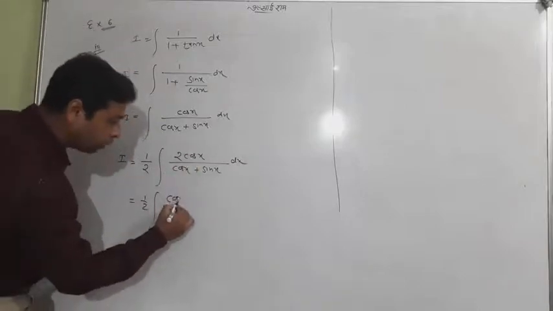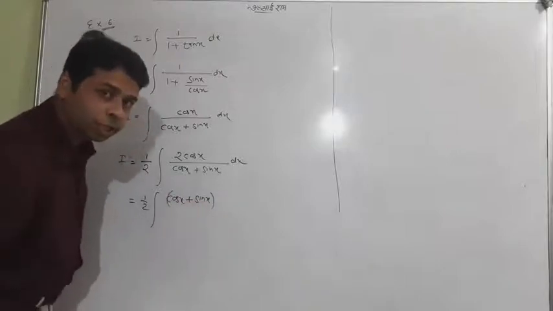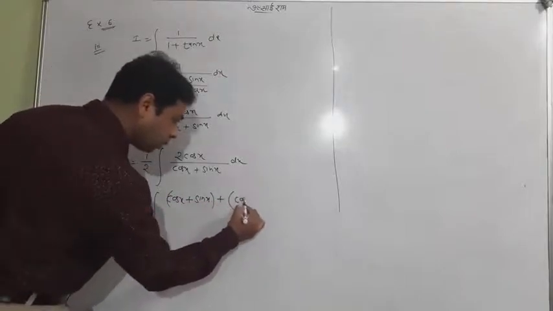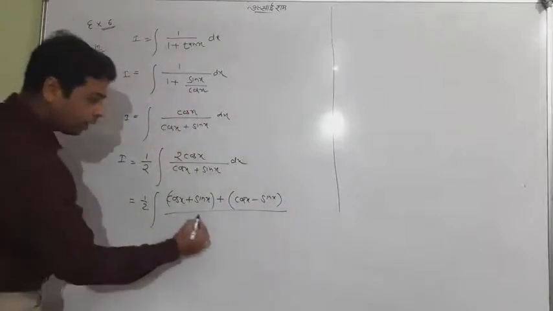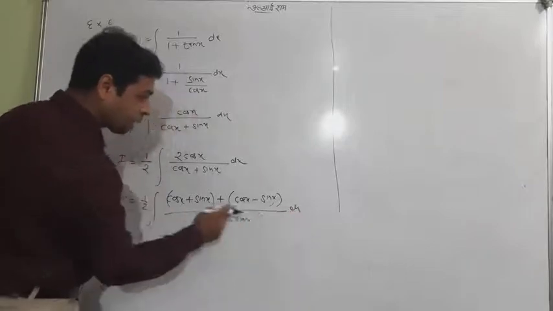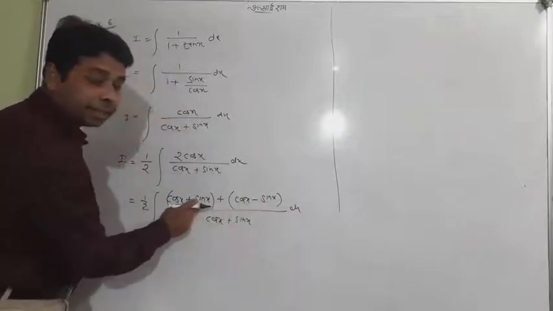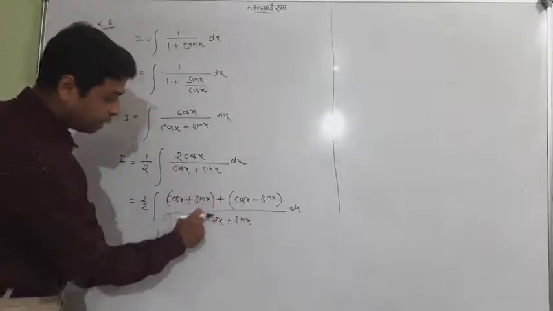How to include sin x? Look, I tell you. This is cos x plus sin x, and this is cos x minus sin x. Look carefully, and this is only cos x plus sin x. I subtract sin x and add sin x. Actually, it is balanced. Cos x plus cos x is 2 cos x, and the sines cancel.